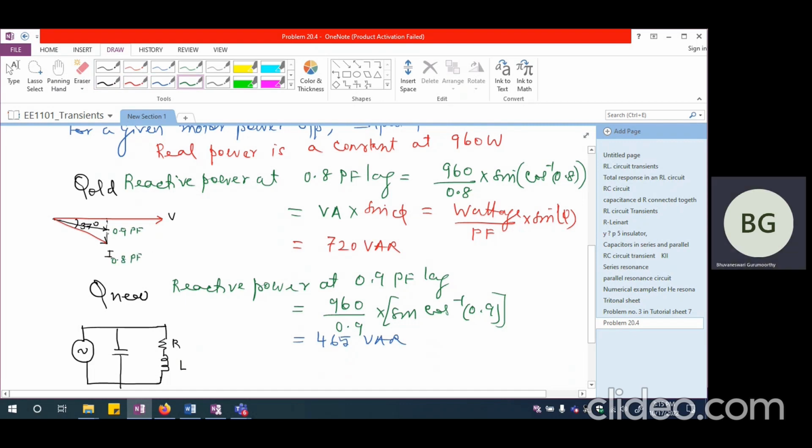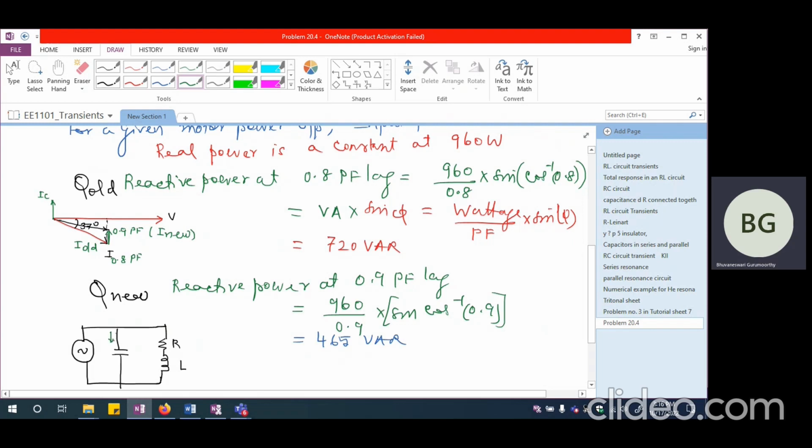So the difference between these two will be a current something like this. So this current has to be drawn by the capacitor. So this will be IC. This is I_old and this black color current is I_new. So I_old plus IC will give me I_new.